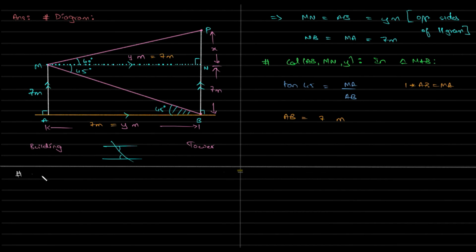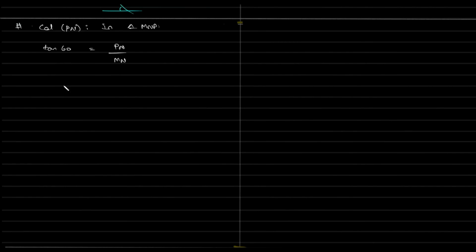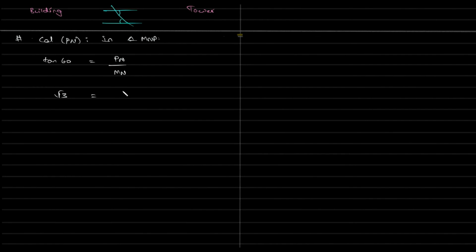Then take triangle MNP and you're done. So we have, calculating PN in triangle MNP. Tan 60 degrees is opposite by adjacent. So root 3 is equal to PN, which is X, divided by adjacent, which is 7.